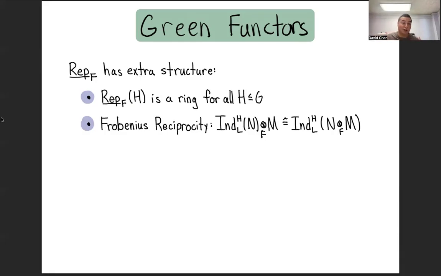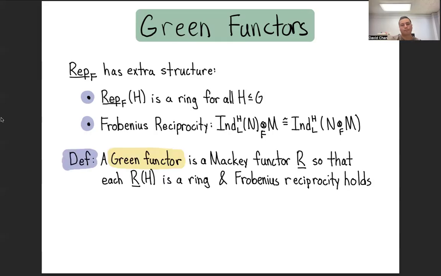So it's not just true that these are rings, but the ring structure is going to interact with the transfers in some very particular way. If I have an induced representation and then I multiply by M, this is always an induced representation. So for instance, this implies that the collection of induced representations forms an ideal in your ring.